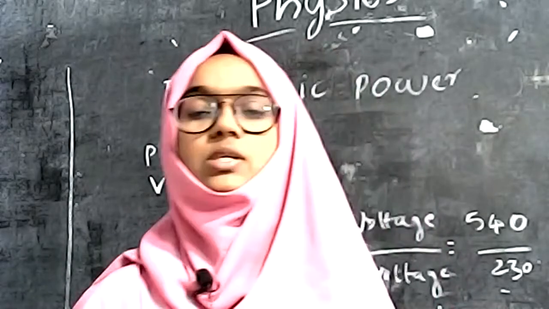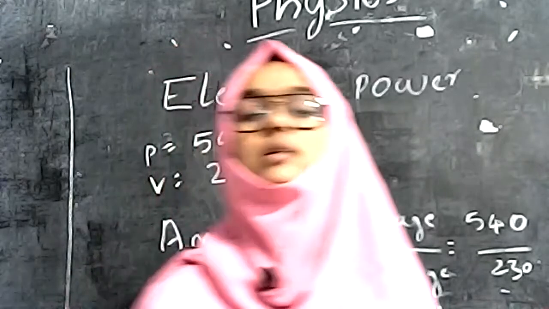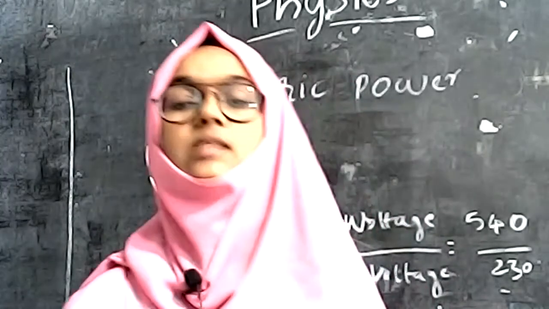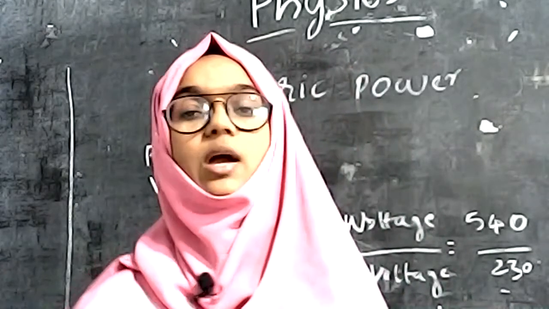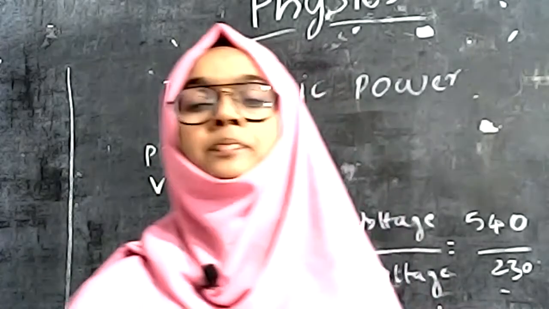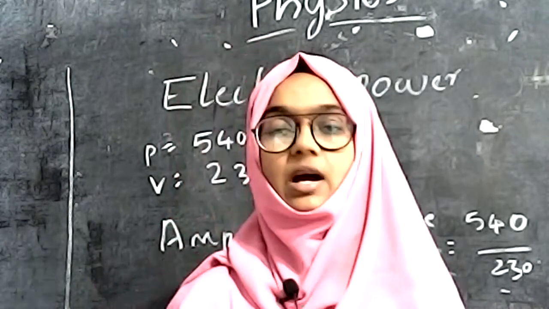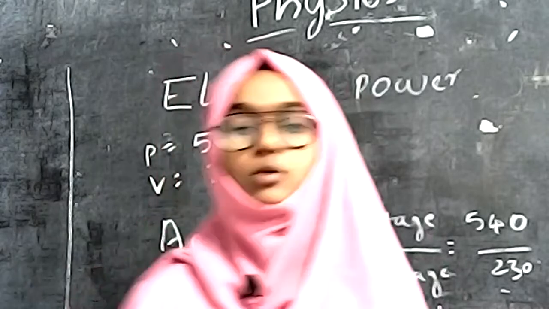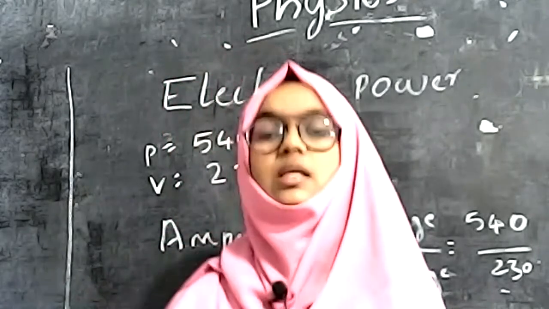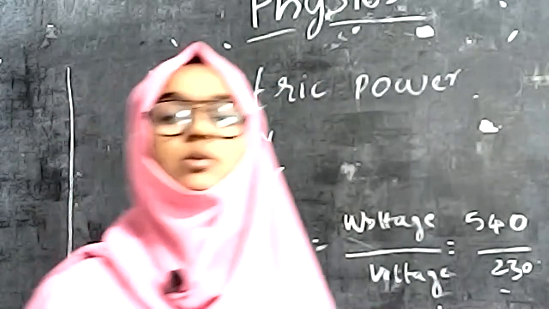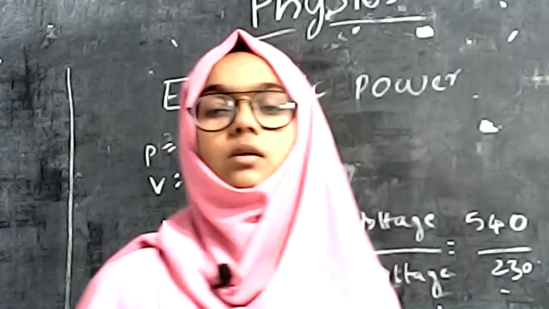And next we discussed electric power. Electric power is the energy consumed by an electrical appliance per unit time, and P is equal to W by T. According to Joule's law and Ohm's law, we obtained an expression for P, that is P is equal to V square by R. Finally, we did a problem to find the amperage of a home appliance having 540 watt and 230 volt.